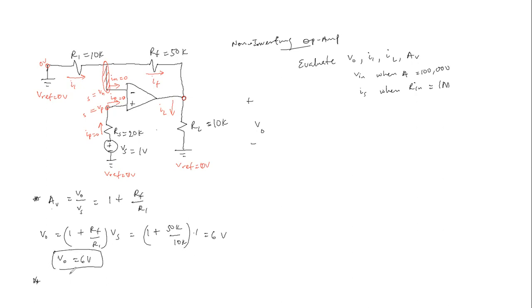Now, the second point here is I sub 1. Recall that V sub in, the input voltage, is 0. And V sub S must be developed across R1, right? That's V sub S. So by Ohm's law, we have that I1 is the same as Vref minus Vs divided by R1.